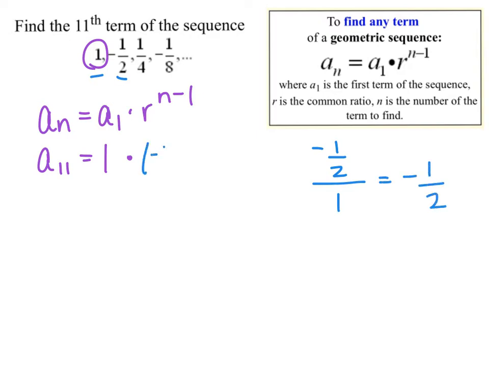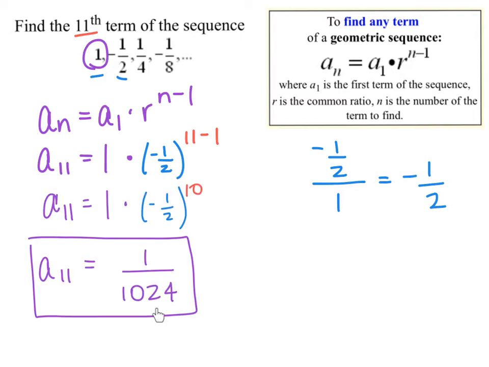I'm going to put that in here, and bring that all to the power of n minus 1, so for the 11th term, that's 11 minus 1. I'm going to work that out. What I end up with is the 11th term is 1 over 1024, which makes sense because I am multiplying by negative 1/2 for each term. So it's going to be pretty small.